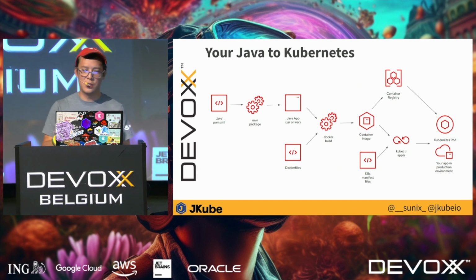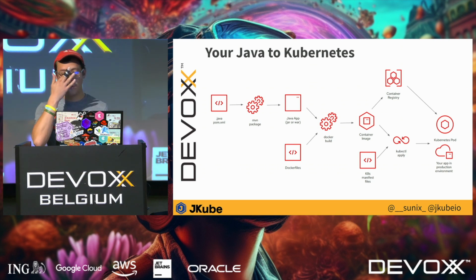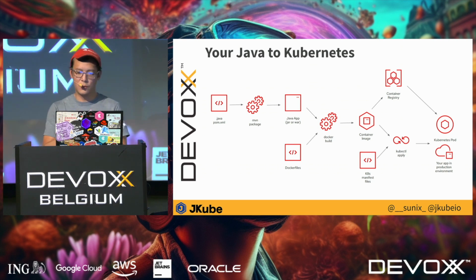So basically, without Jcube, you have this process to build your Java application in Kubernetes. You use Maven package to generate your jar or your WAR file, and then you have to create a Docker file to build your application and create a container image, and you have your YAML files that you have to create and combine with the container image and use kubectl apply to deploy that into Kubernetes.